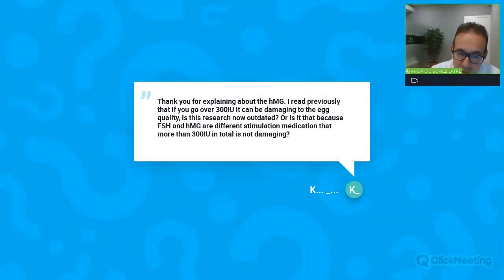This current opinion about decreasing the doses of stimulation in order to have fewer eggs with best quality is very controversial, because when we are talking about having a healthy embryo, we prefer to have from the beginning more eggs, considering that from the beginning it's like an obstacle race. More eggs we start, more choices to have an embryo.